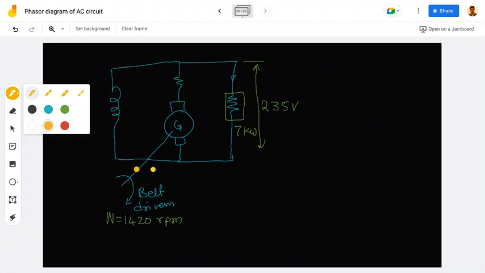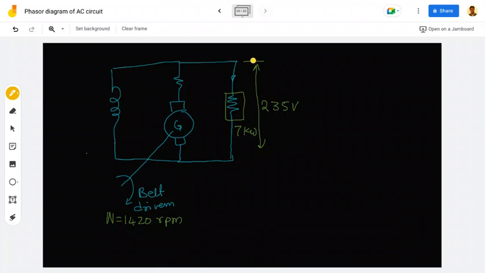Here there is an important word called a bus. A bus is used in electrical engineering; it is like a bar where voltage is being maintained. Here the voltage is maintained at 235 volts. Now the question is: there is a mechanical input going in.